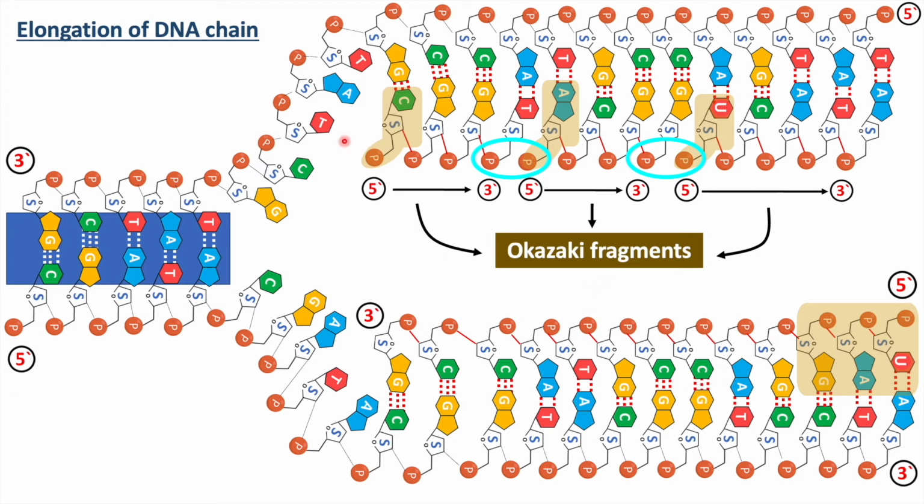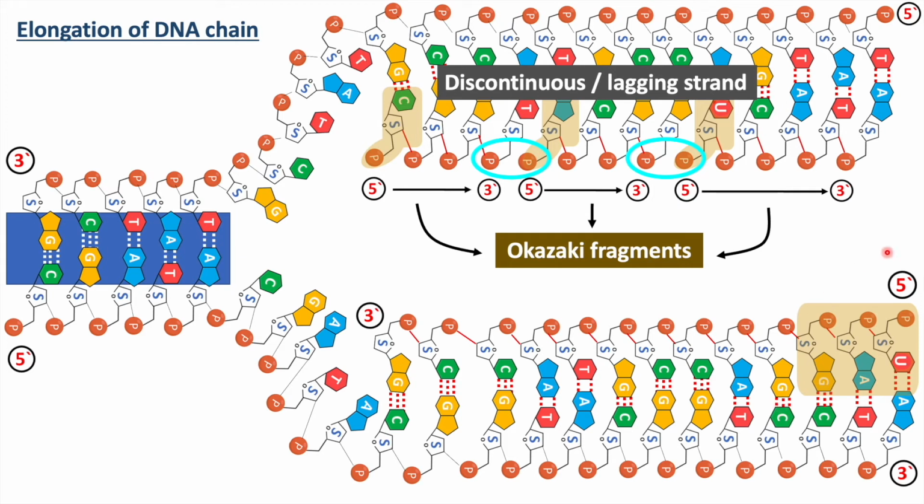This strand is synthesized in a discontinuous manner, so that's why it is called the discontinuous or lagging strand. And this strand, which is continuously synthesized from 5' to 3' end, is called the continuous or leading strand.